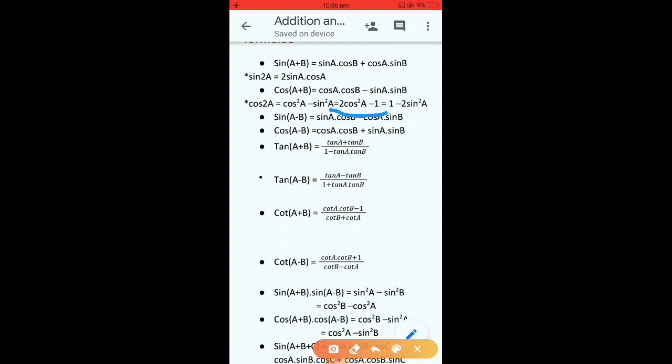And if we want to write in terms of sin square A, then we can write 1 minus 2 sin square A.